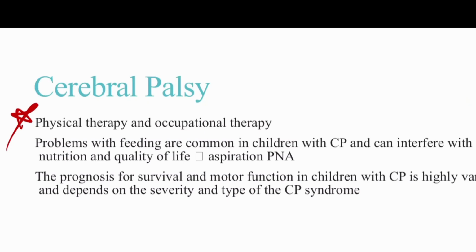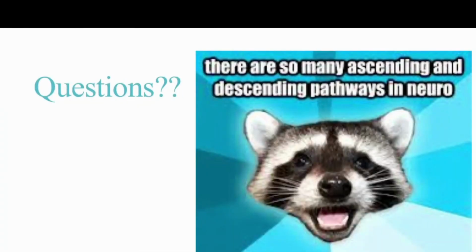Problems with feeding can be common in children with cerebral palsy, and can interfere with nutrition, and if they can't swallow right, they're at risk of aspiration pneumonia. Prognosis depends on severity and their type of cerebral palsy.